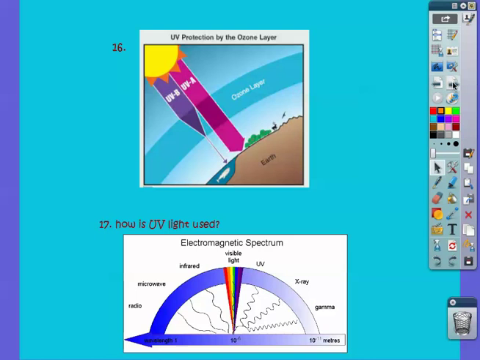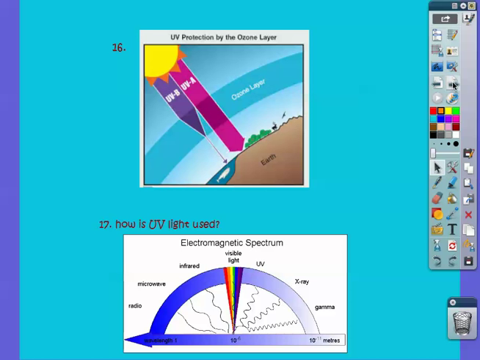Now moving on to our next type of wave from the electromagnetic spectrum, we have ultraviolet waves. And ultraviolet waves have some positives and some negatives to them. One of the big positives is that they can be used to sterilize medical equipment. They can kill bacteria, kill viruses. On the other hand, they also are the types of waves that are most responsible for causing cancer.